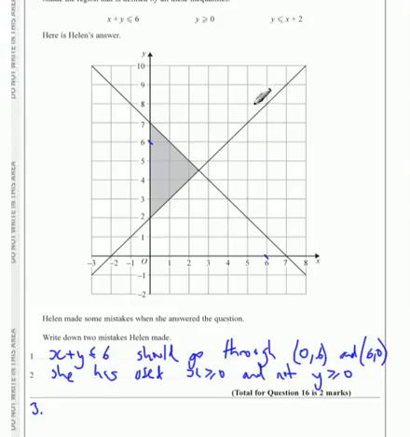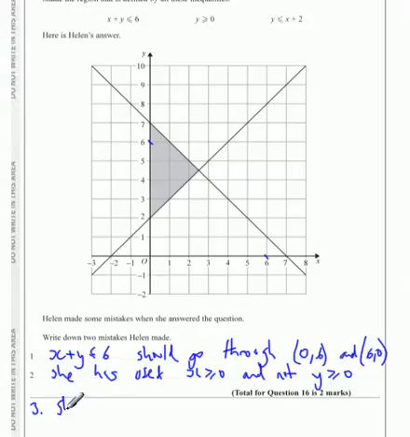But let's write down the third reason for this equation being wrong as well. So y is less than or equal to x plus 2. Now the line is drawn correctly. It's got a gradient of 1 and a y-intercept of 2. But this is less than or equal to x plus 2. So that means we're going to be looking at below this line, so anything on this side of it, rather than this part over here, which would be greater than.